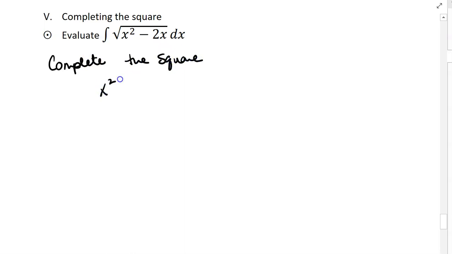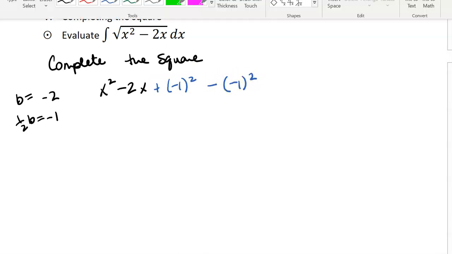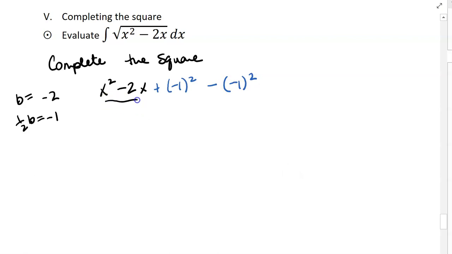I'm starting off with x squared minus 2x. My b is the negative 2, so 1/2 b is negative 1. So I'm going to add negative 1 squared, and then I'm going to subtract negative 1 squared. So this part gets factored to be x minus 1 squared, and then we have minus 1.